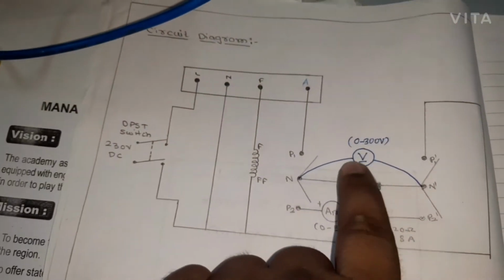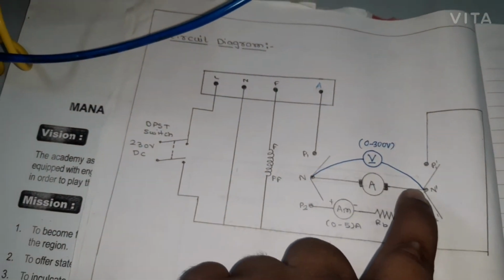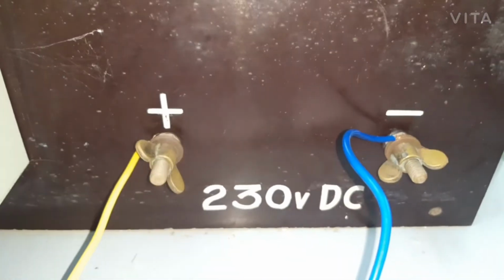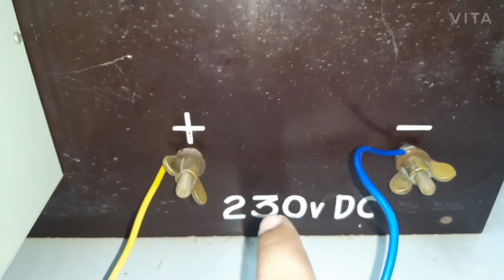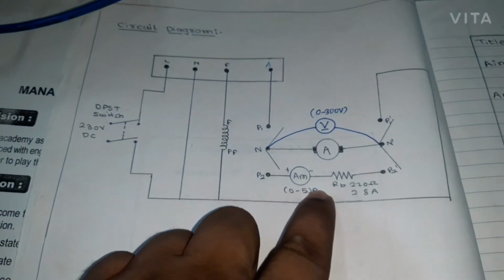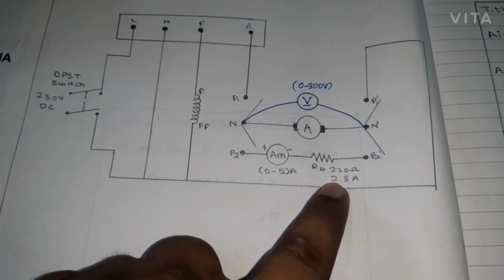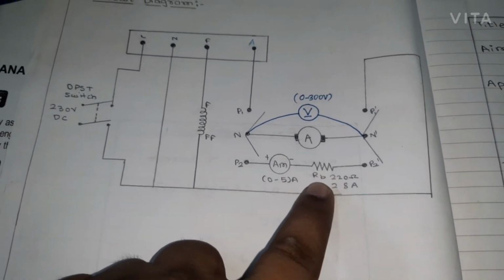Now the last connection is the voltmeter. The voltmeter is connected across the armature. It is a 0 to 300 volts voltmeter, because armature EMF will be almost equal to the input voltage. For the braking current, we'll be using a 220 ohm, 2.8 ampere braking resistor.